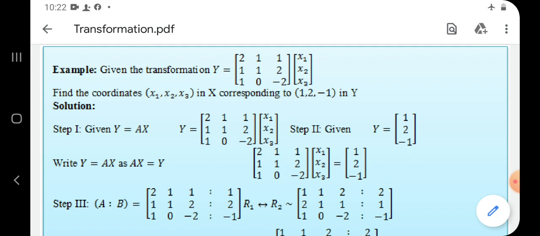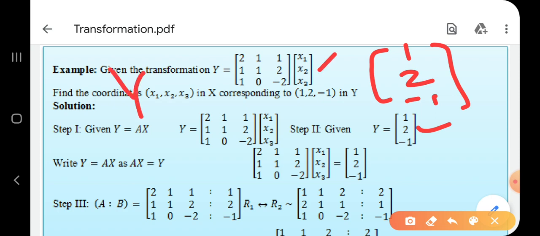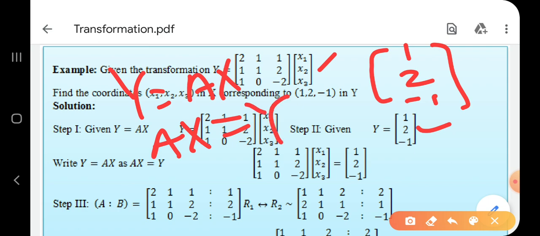Now whatever is given, first we write this 1, 2, -1 in matrix notation, that is a column matrix here, and put that value in your given transformation. Y equal to AX, we can write that transformation as AX is equal to Y, and we put the value of Y here.